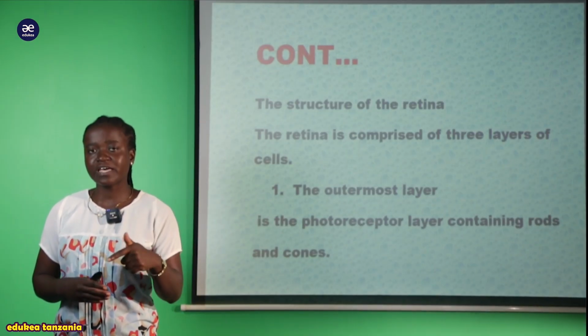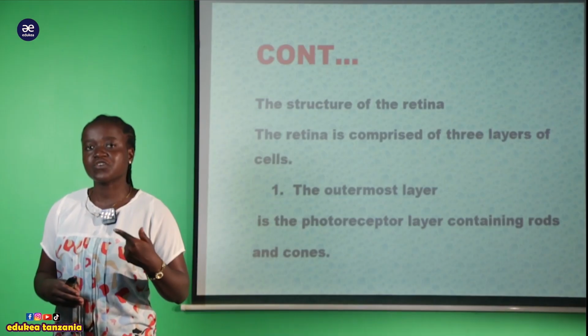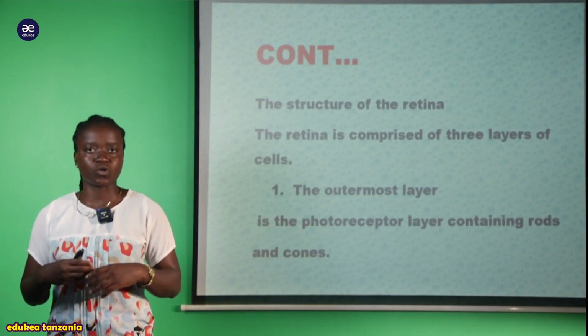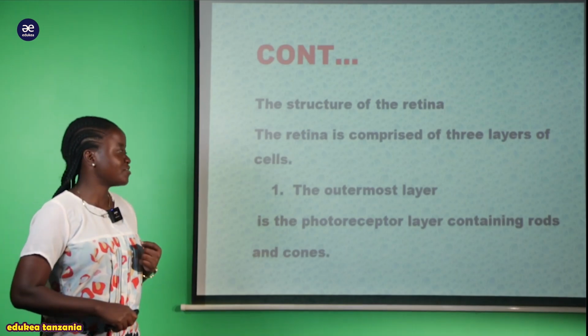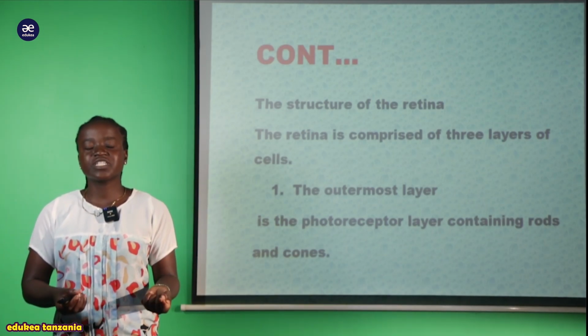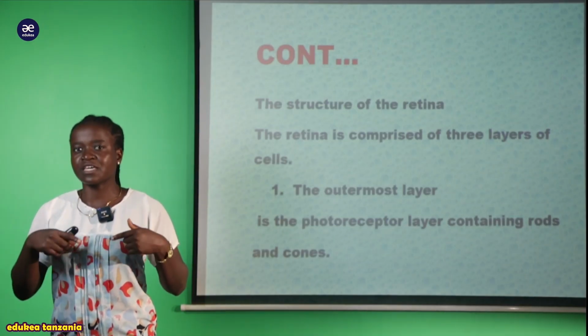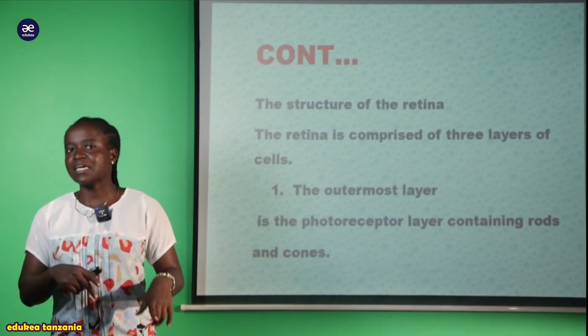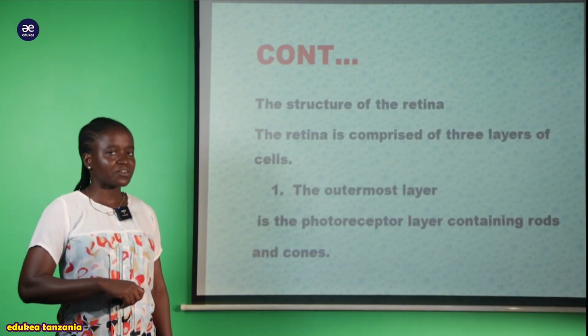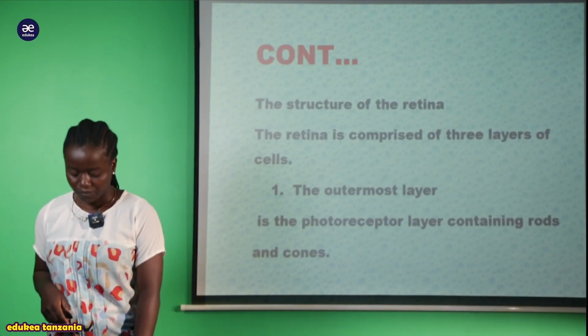And these rods together with the cones are specialized to detect any image that will come across. Au tunasema kwamba hizi rods na cones ndo zinatumika kama photoreceptor that will detect the changes that occur within the environment. Thereafter, they will send the impulse to the brain so that it can be interpreted, and this is due to these rods and cones.